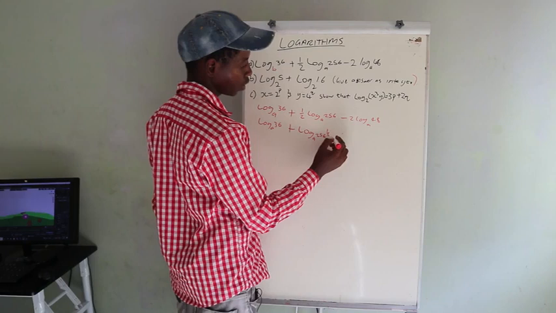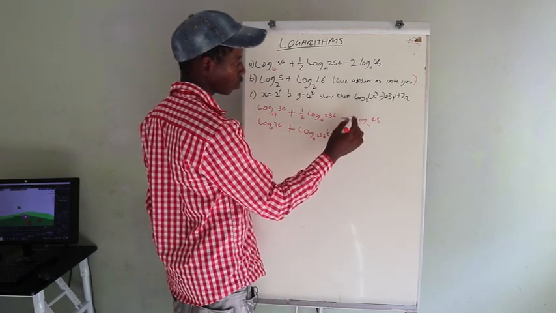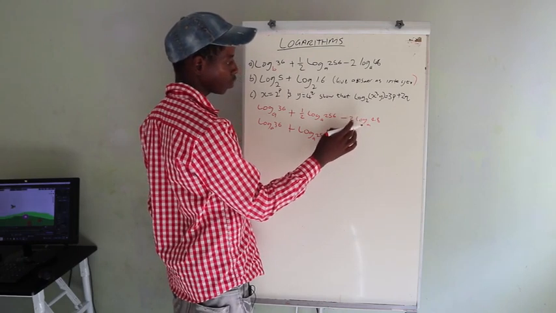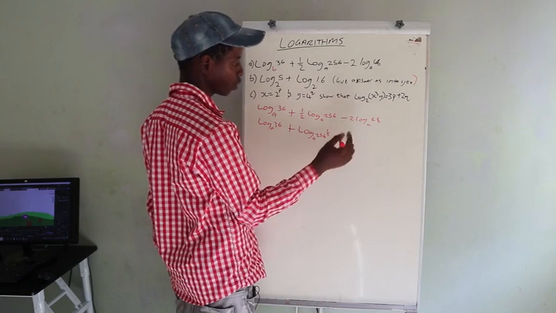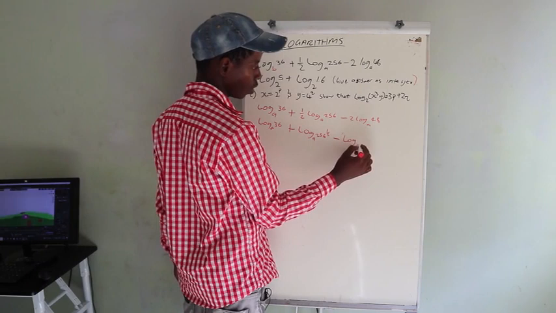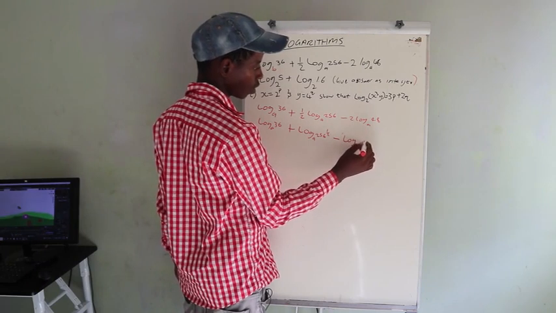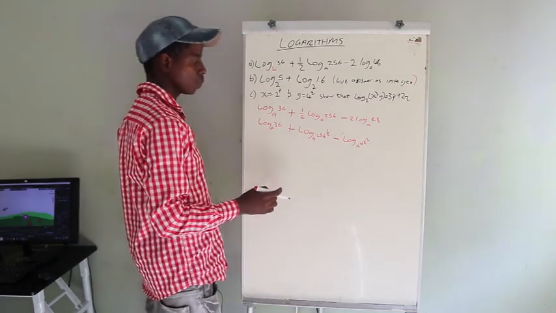Then we continue and say minus. Now, even in this, we're going to take this 2 and place it here as a power. Then we have log_a 48 squared.